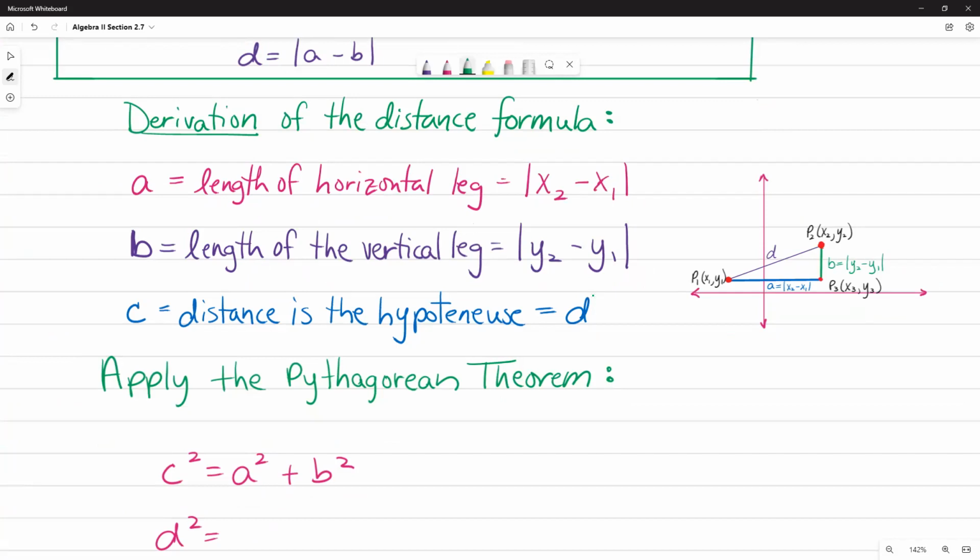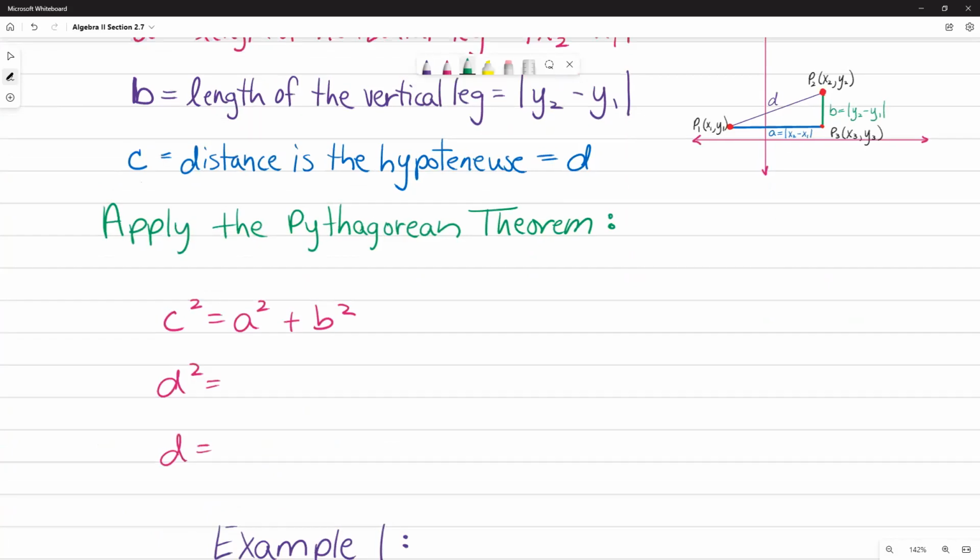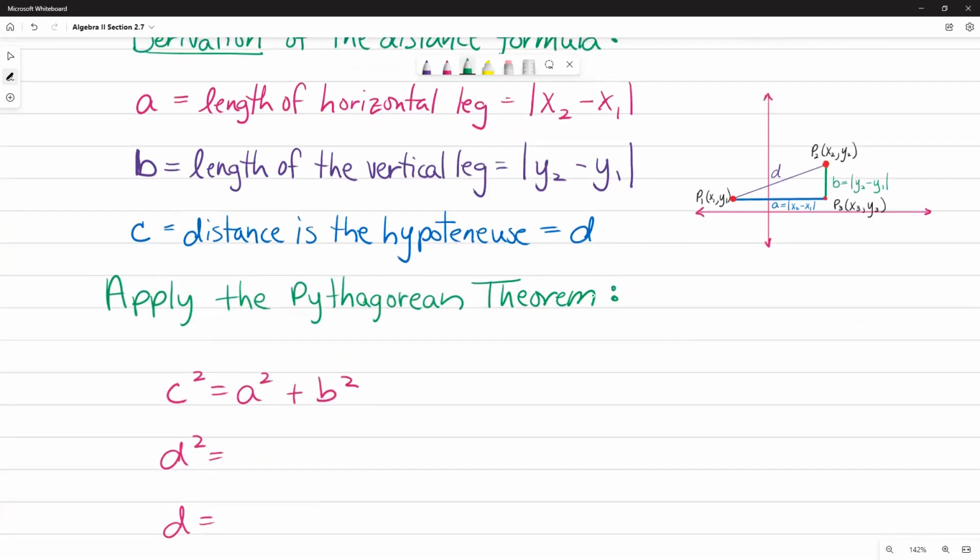The application of it is we take our Pythagorean theorem, and I just flipped it: c squared equals a squared plus b squared. I am replacing my A, B, and C. A is the difference in X, so that's the absolute value of X2 minus X1, squared.